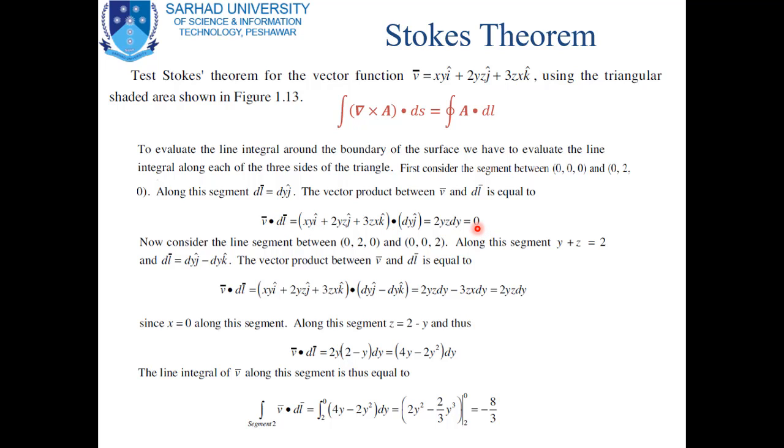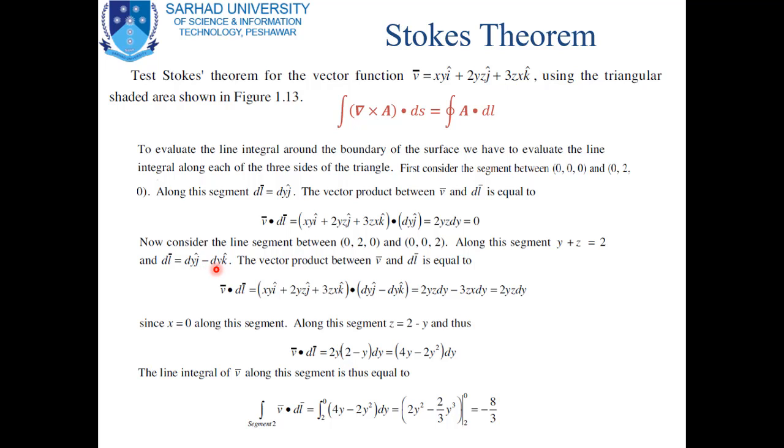Now for the inclined segment where y and z are both varying, when y increases, z will decrease, so we will put a negative sign: dy j minus dz k.